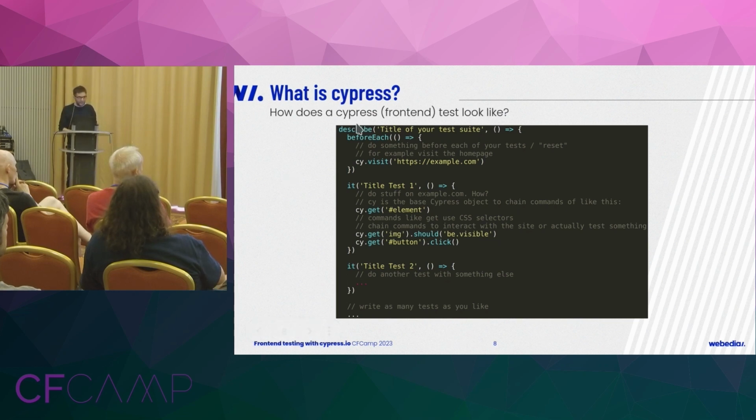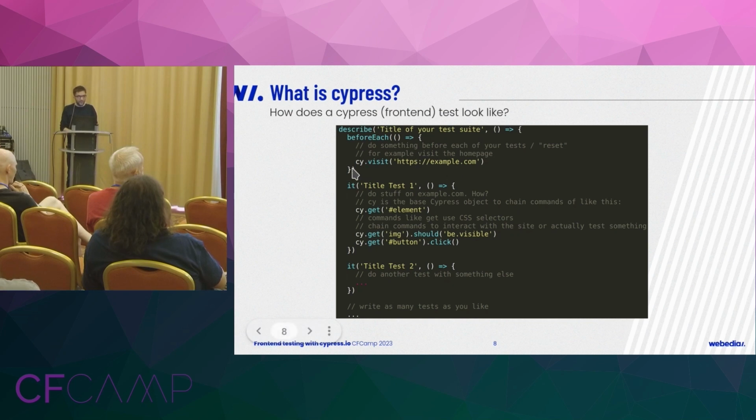So we have a description up here for the whole test suite. You have the tests with the it blocks under there. Here's test 1, here's test 2. And you also have a beforeEach statement, for example, where you can put code that gets executed before each test is run.